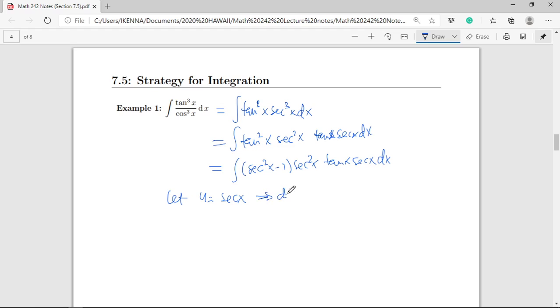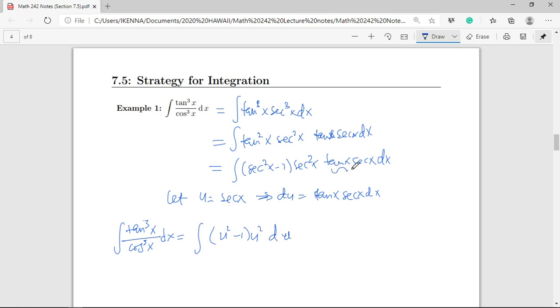This means that my du is equal to tan x sec x dx. So my integral that I had before will now be equal to the integral of u squared minus 1 times u squared du.